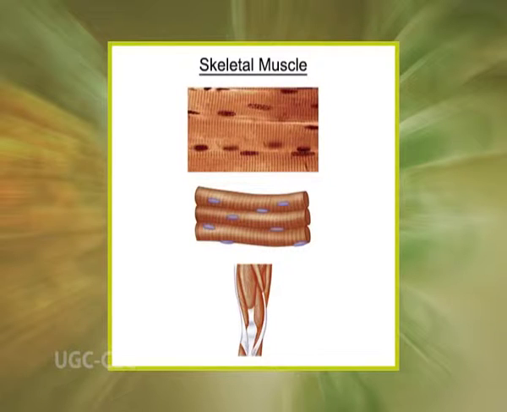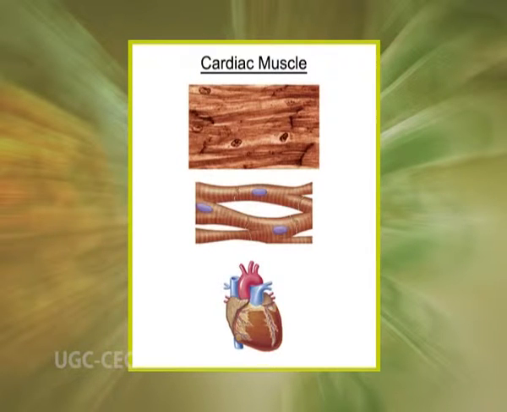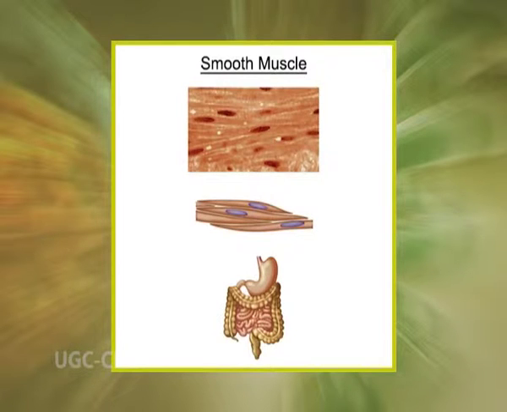There are three distinct types of muscle cells in vertebrates: skeletal muscle, which is responsible for all voluntary movements; cardiac muscle, which pumps blood from the heart; and smooth muscle, which is responsible for involuntary movements of organs such as the stomach, intestine, uterus, and blood vessels.